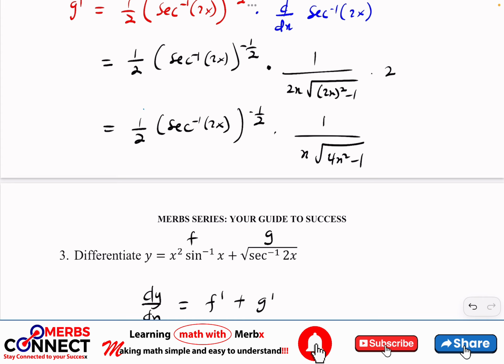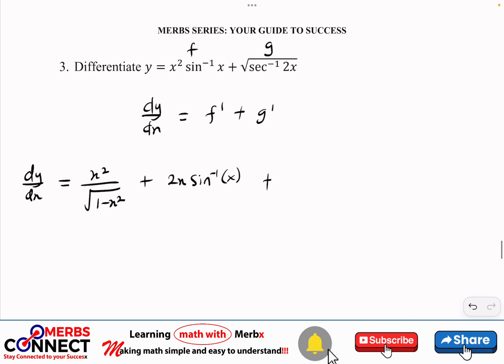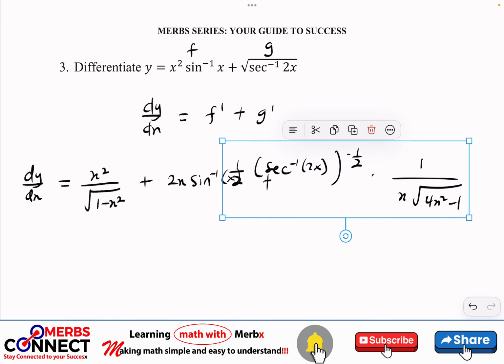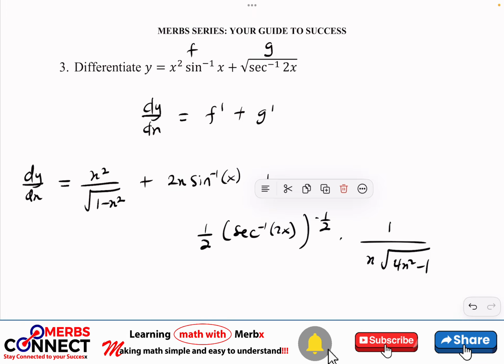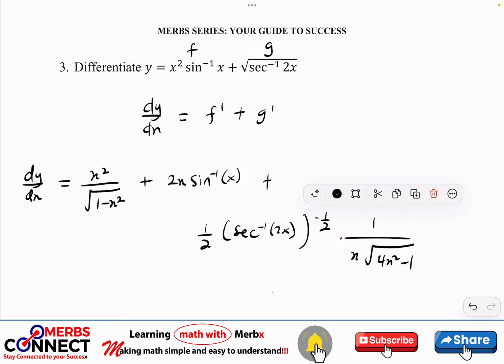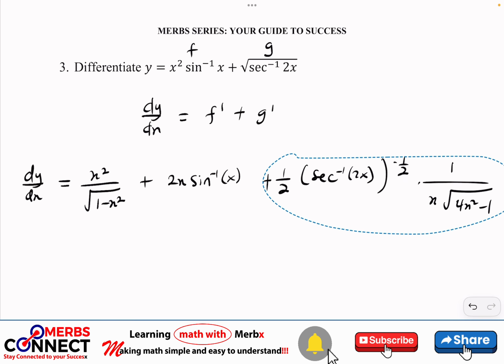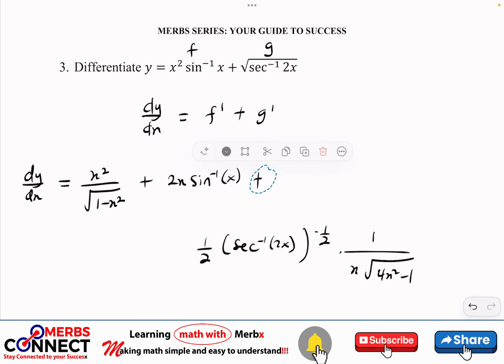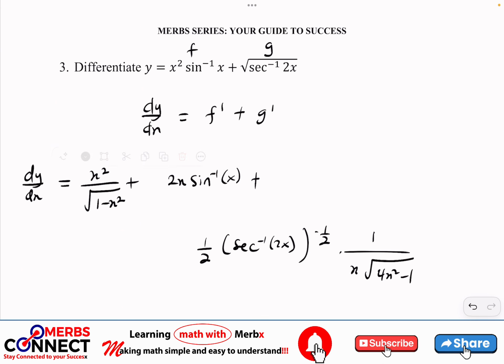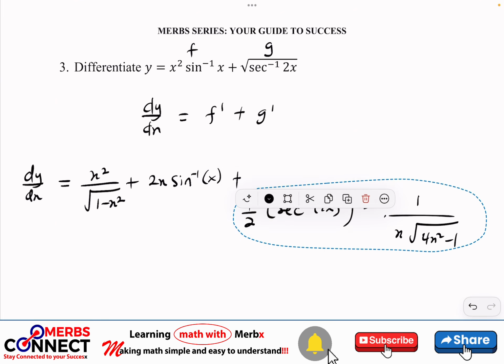So let me also copy this one and paste it there. Oops, I think I can bring this one in small so that I can have it go here. Okay, let me just shift this guy small so that we can have this one right.